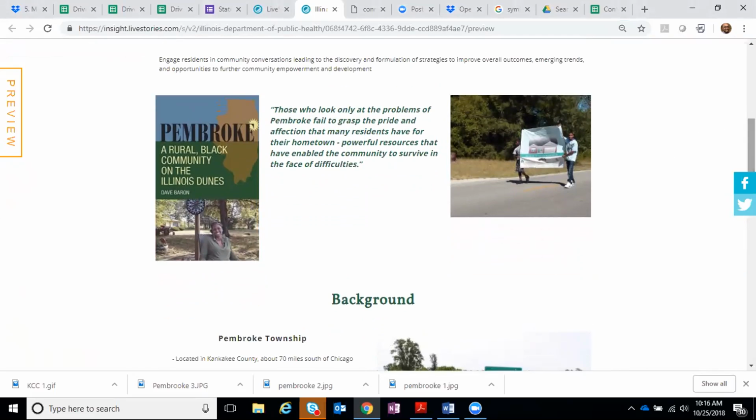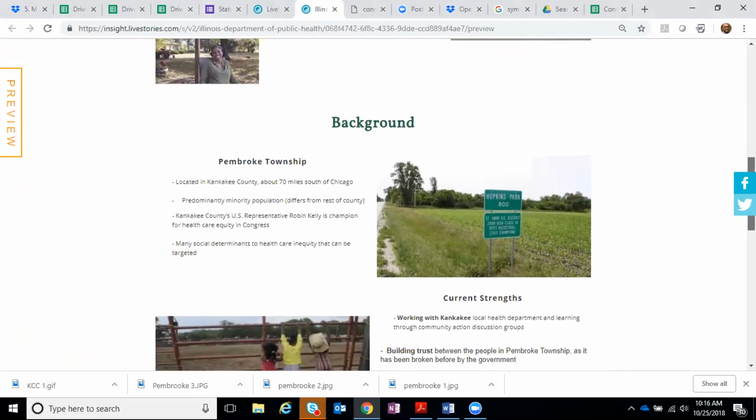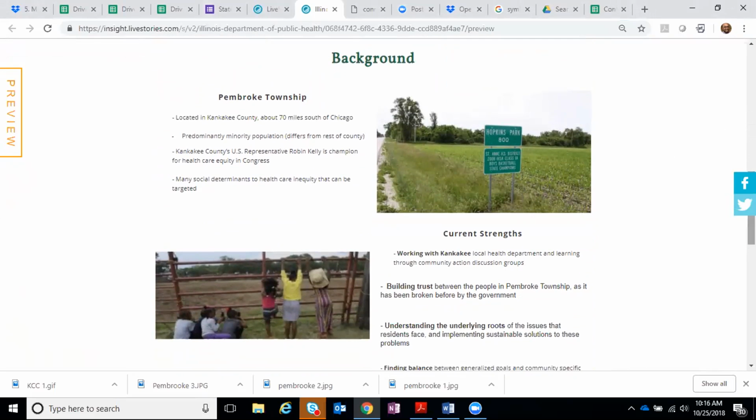It's located about 70 miles south of Chicago and has really good interstate accessibility. We focused on Pembroke for several reasons. It is a predominantly ethnic minority population, and that differs from the rest of the county. It has many social determinants of health that cause inequities that we thought we could target.